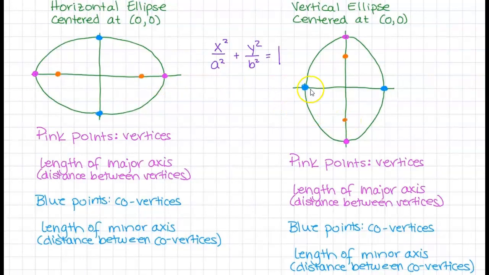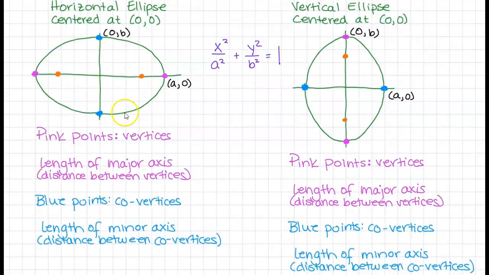So both of these have the same formula, x squared over a squared plus y squared over b squared equals 1. Because these points right here, the horizontal points, they're always going to be (a, 0). It doesn't matter if a is shorter or longer than b. And then these points vertically, (0, b), and this one's at (0, -b).